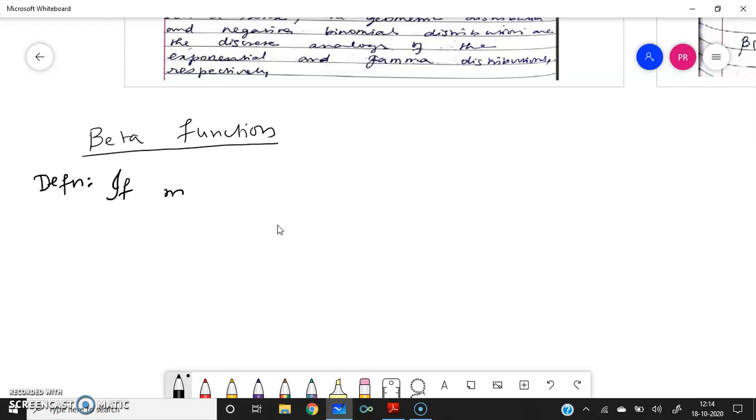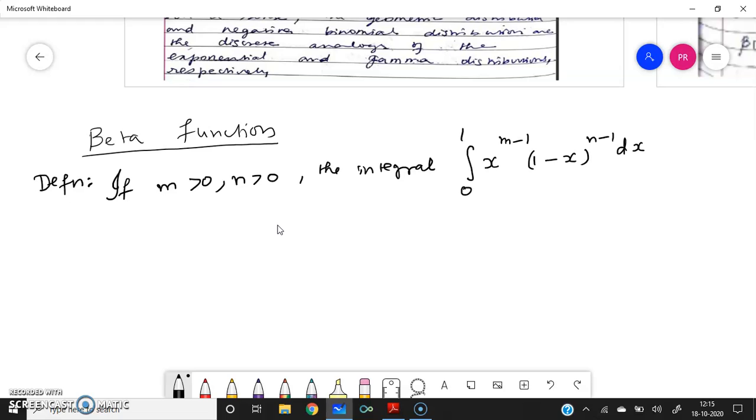If m is greater than 0 and n is greater than 0, the integral from 0 to 1 of x to the power of m minus 1, times (1 minus x) to the power of n minus 1, dx, is called a beta function.